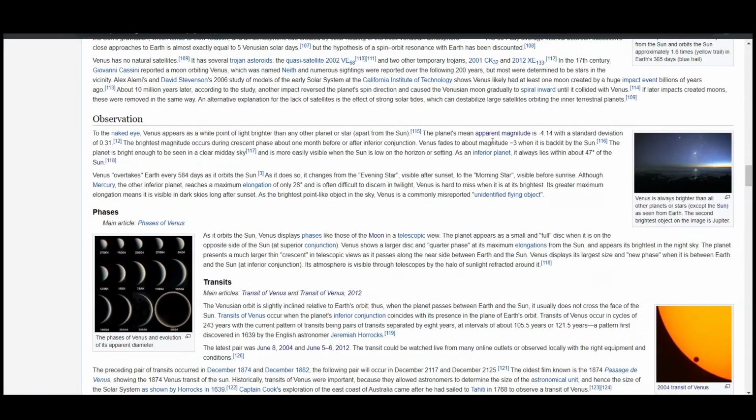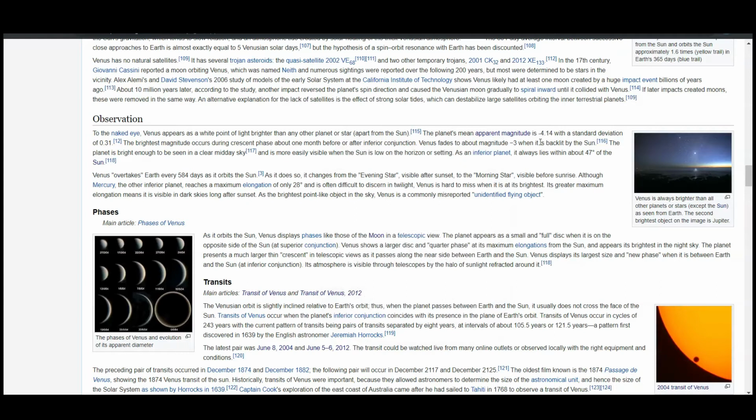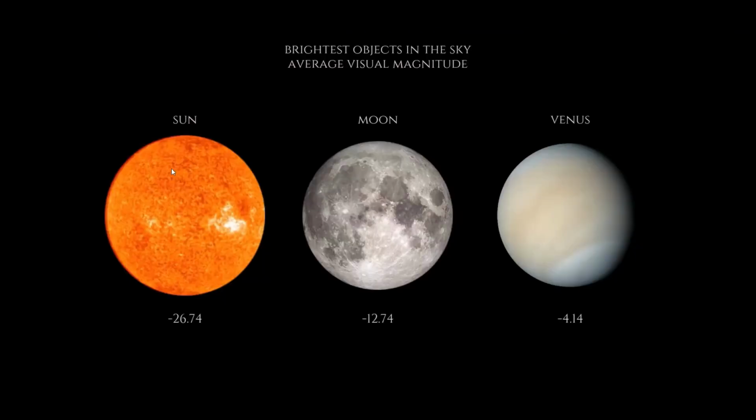If we look at the Venus Wikipedia page here, that lists the planet's mean apparent magnitude as minus 4.14, with a standard deviation of 0.31. We'll be taking a look at this 31 as well. But Venus is the third brightest object in the sky, or the second brightest object in the night sky behind the moon.